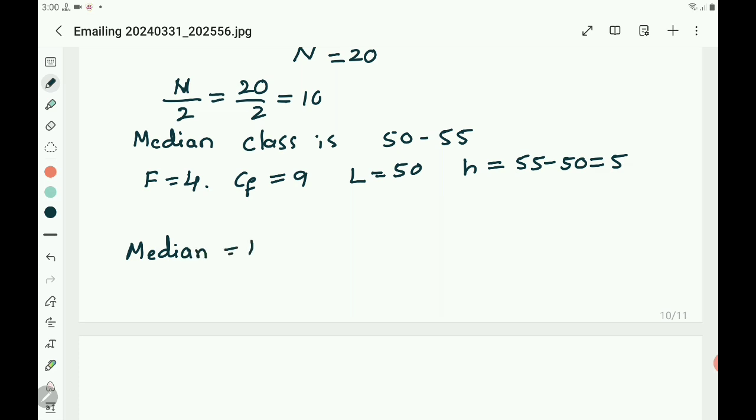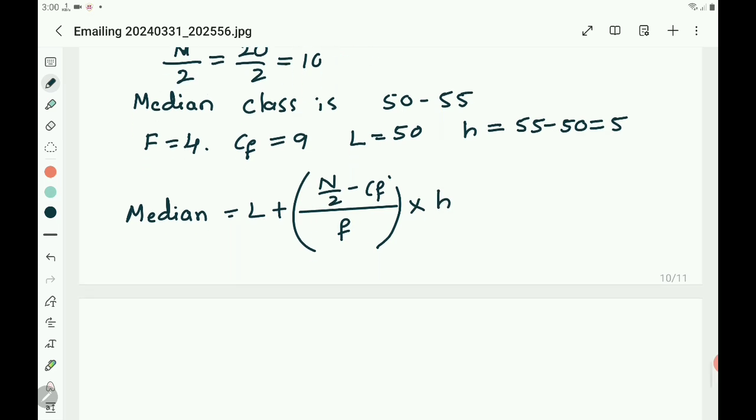Median equals L plus (n by 2 minus CF) by F into H. That equals L is 50 plus n by 2, you got 10.